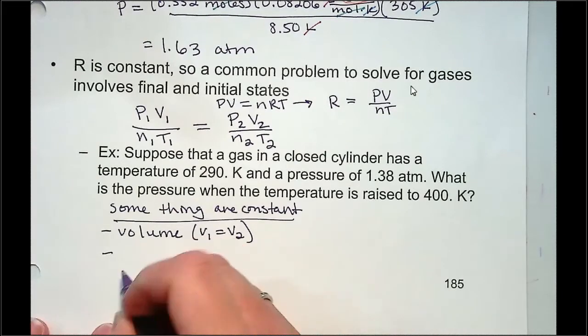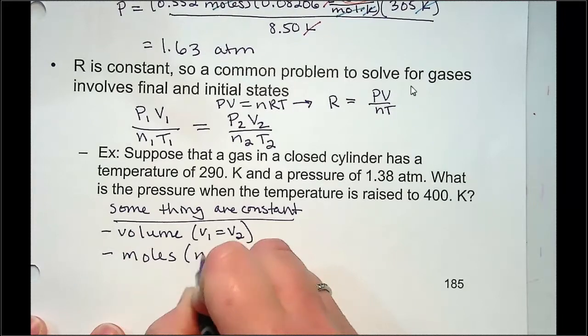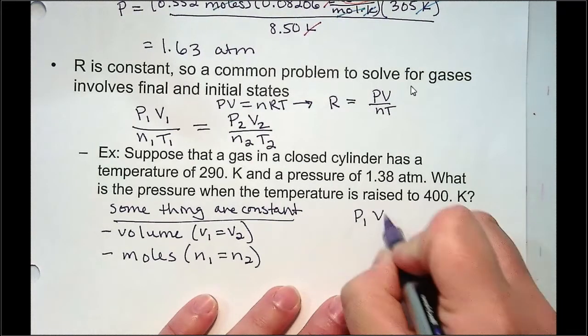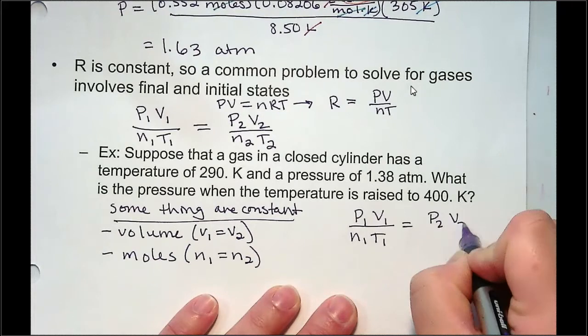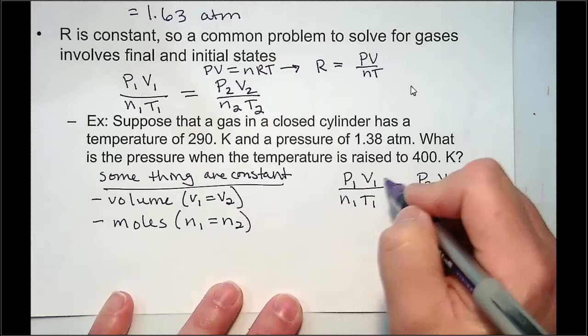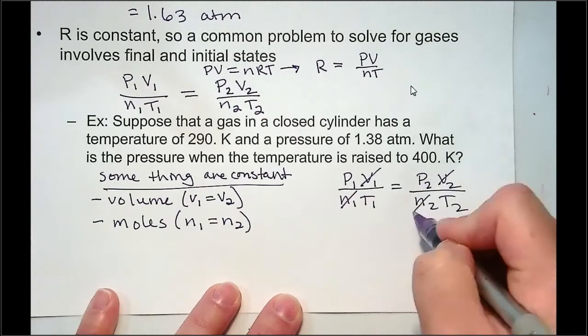So the moles are constant, which means that N1 equals N2, which also means that if we start with P1V1 over N1T1 equals P2V2 over N2T2, then the volumes are going to cancel because they're the same, and the moles are going to cancel because they're the same.